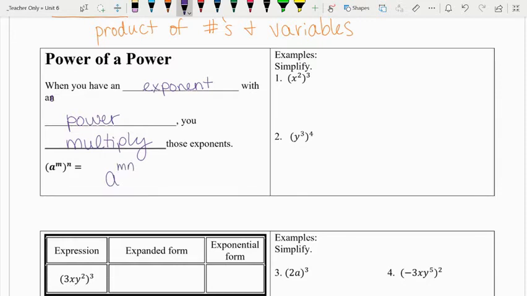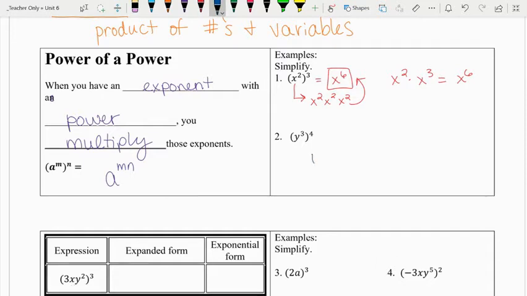Okay, so we're multiplying here, not adding like we did yesterday. So for example, x to the second to the third becomes x to the sixth. Okay, difference between x squared times x to the third, that would be x to the fifth. Essentially what this is, you're writing x squared 3 times, which is why it becomes x to the 6, because 2 plus 2 plus 2 is 6.